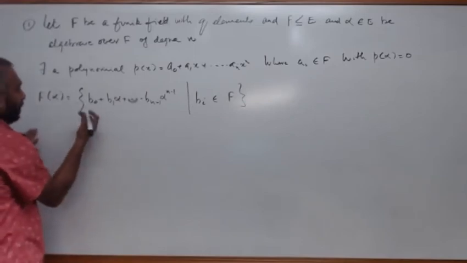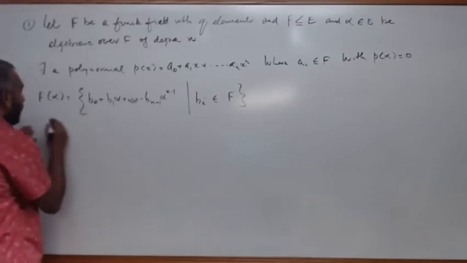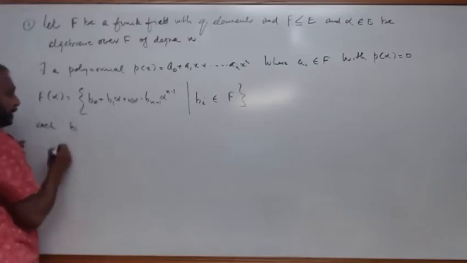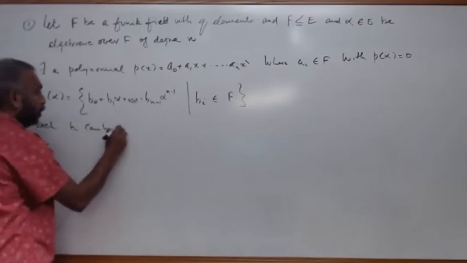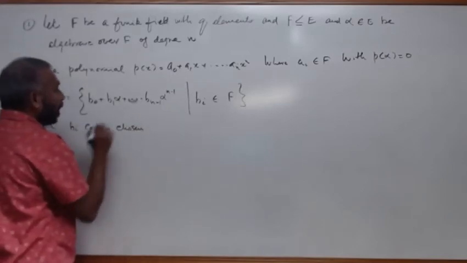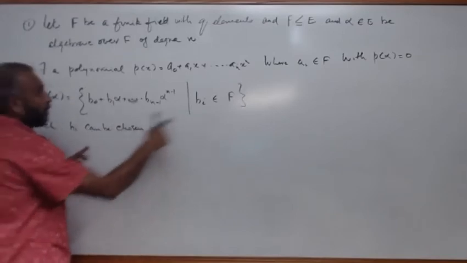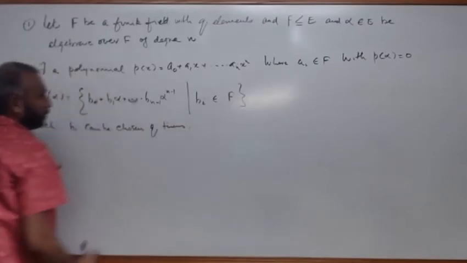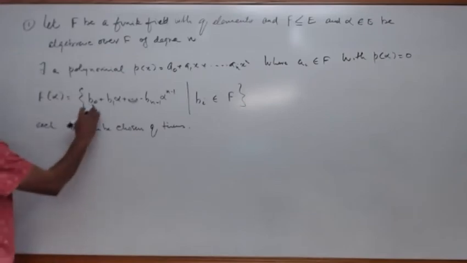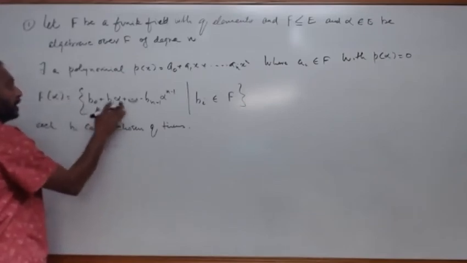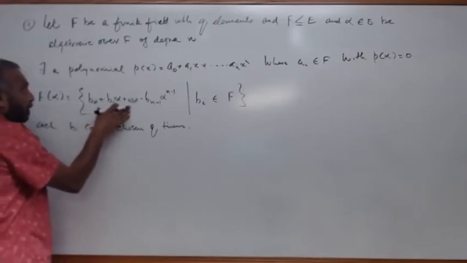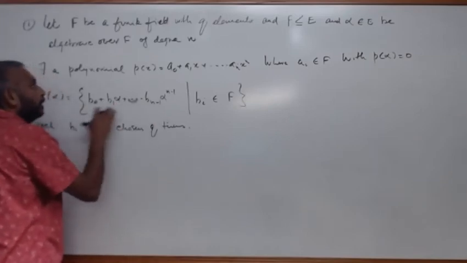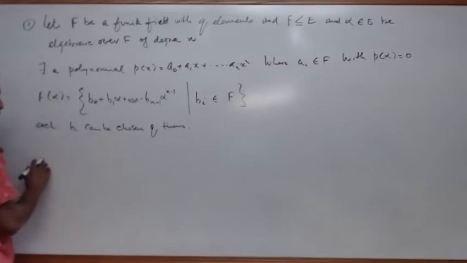What does this mean? Each bi can be chosen in q ways, since these all come from F. And in each element there are n such terms.